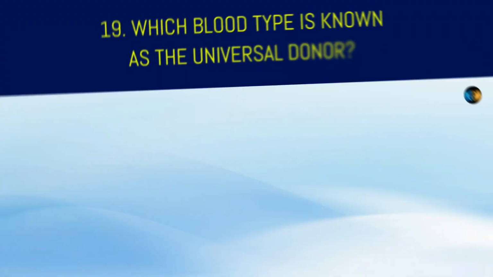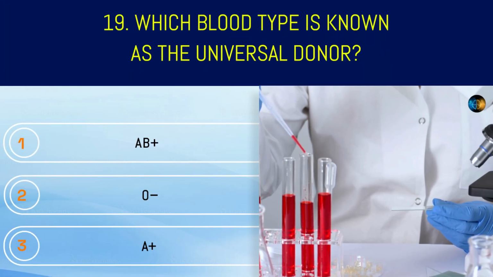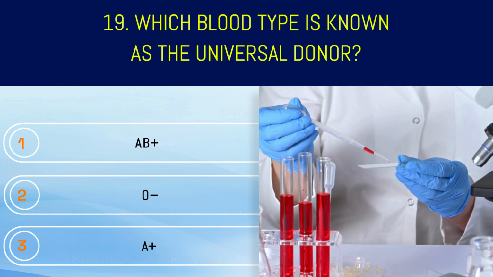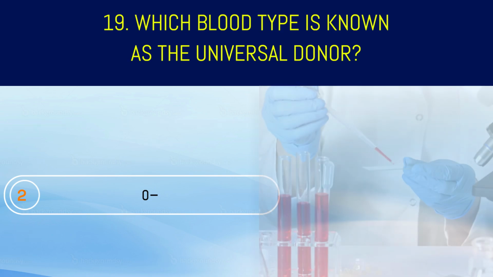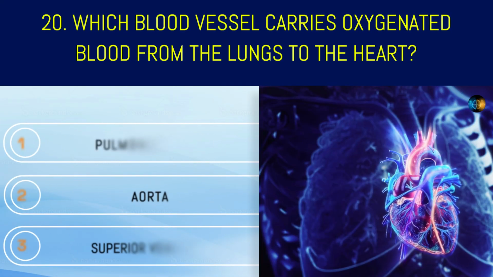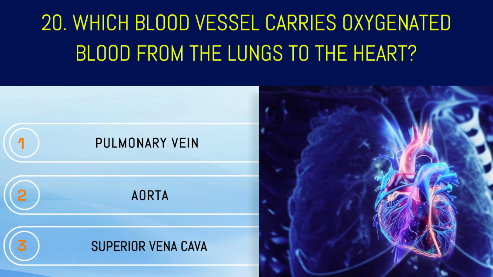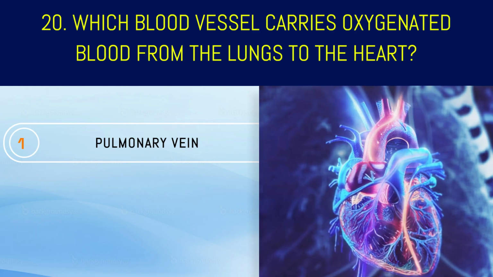What is essential for heart muscle contraction? Calcium, potassium, or sodium? Calcium. Which blood type is known as the universal donor? AB positive, O negative, or A positive? O negative. Which blood vessel carries oxygenated blood from the lungs to the heart? Pulmonary vein, aorta, or superior vena cava? Pulmonary vein.